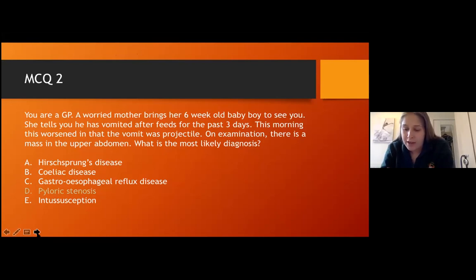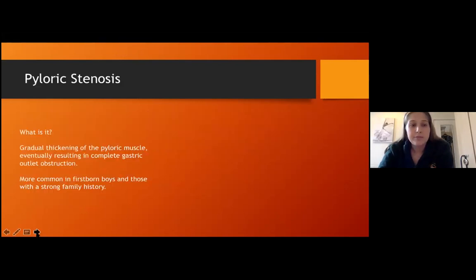So the reasoning for that is that this baby boy's got vomiting, which gradually worsens and becomes projectile. So it's that projectile vomiting that you're looking out for, and tends to have an upper abdominal mass. So yeah, that's pyloric stenosis, well done. It's a gradual thickening of the pyloric muscle, and it eventually results in complete gastric outlet obstruction.